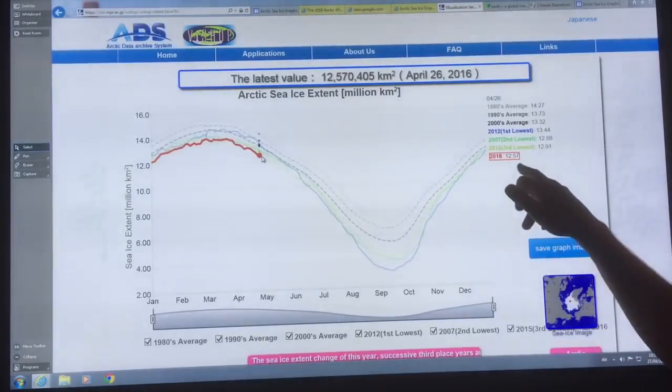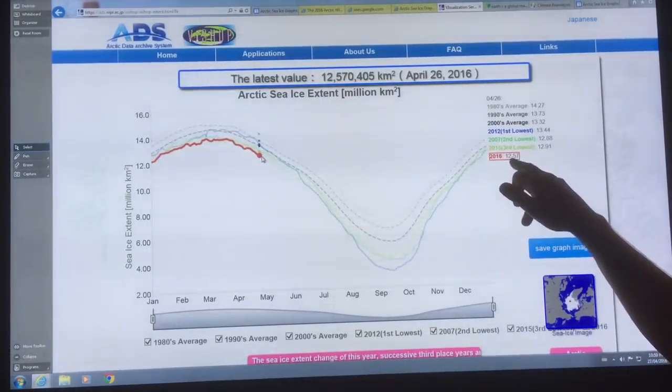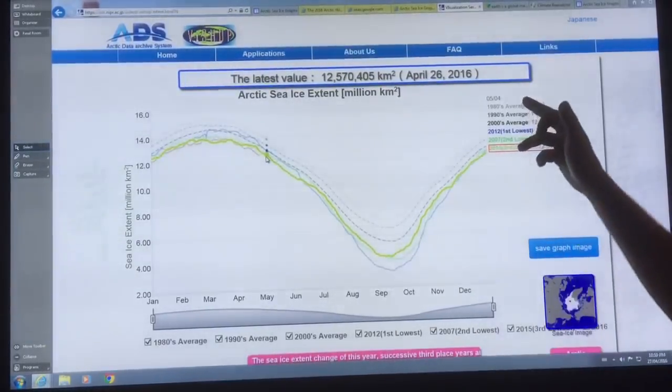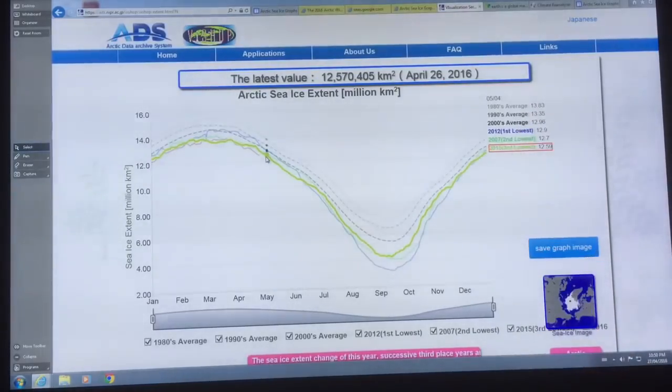We just crossed below 12.57 million square kilometers. And if you go out to a level here in 2015, when we were at 12.57, roughly, it was May 4th. So we're at least a week, maybe a bit more, ahead of the previous lowest year, record year.